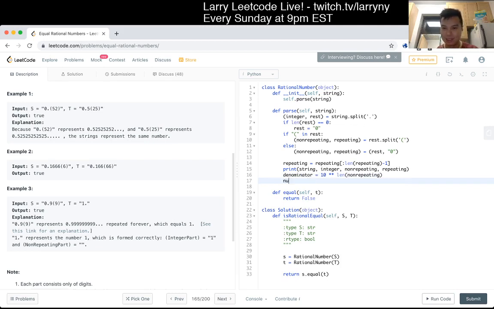Numerator is equal to not repeating, else int of non-repeating.